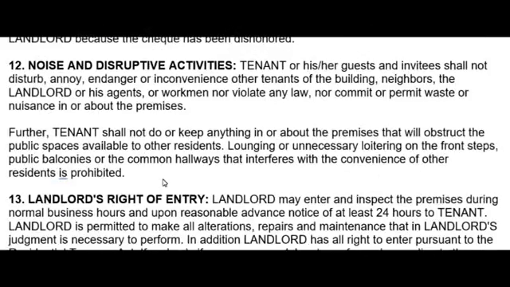12. Noise and disruptive activities. Tenant and his or her guests and invitees shall not disturb, annoy, endanger, or inconvenience other tenants of the building, neighbors, the landlord, or his agents, or workmen or women, nor violate any law, nor commit or permit waste or nuisance in or about the premises.